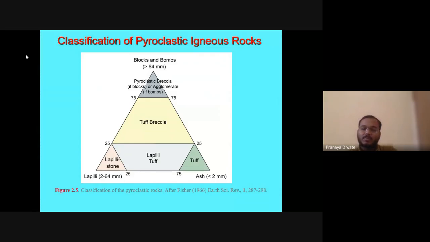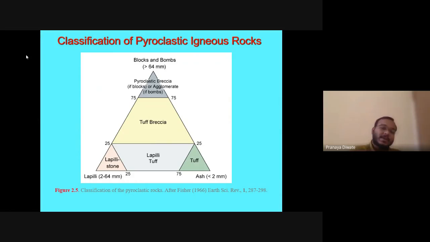Ash is the main component. When volcanism occurs, the ash gets deposited on the surface.